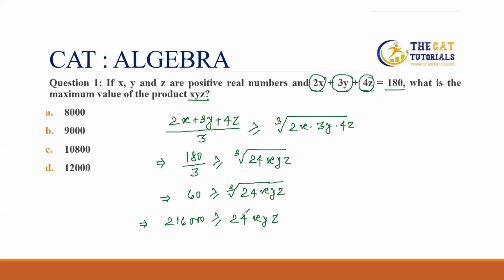When we simplify this, we can cancel 24 from both sides, and it will give you 9,000. So you can say that 9,000 is greater than or equal to the product x, y, z. So if we have to find the maximum value of the product x, y, z, without any confusion you can see which one is the answer of the question. Option B is the answer of the question.